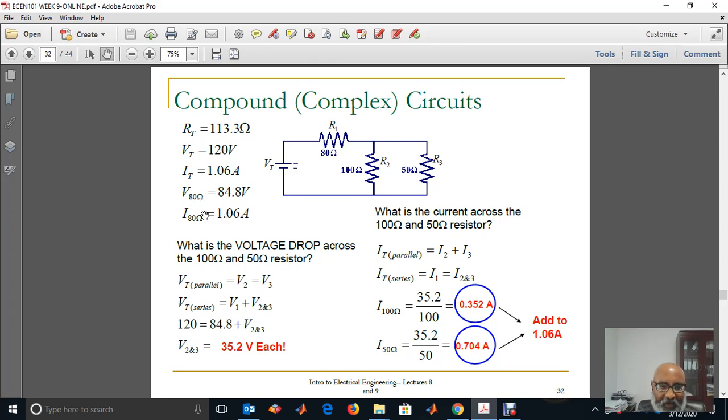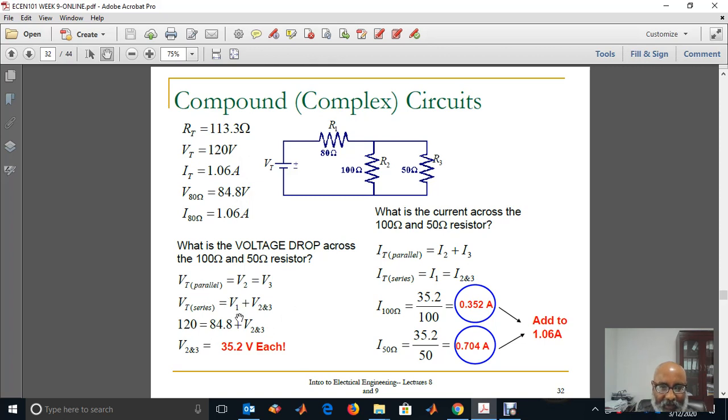Now, how do we find the voltage across the 80 ohm resistor, the 100 ohm resistor, and the 50 ohm resistor? The voltage across the 80 ohm resistor is the total current times the 80 ohm. The total current is 1.06 times 80, which is equal to 84.8 volt.